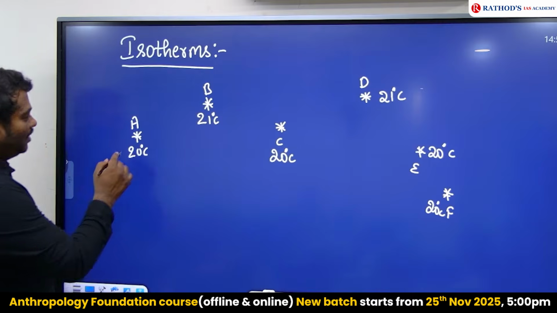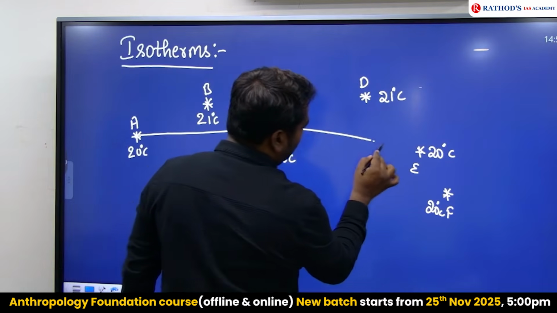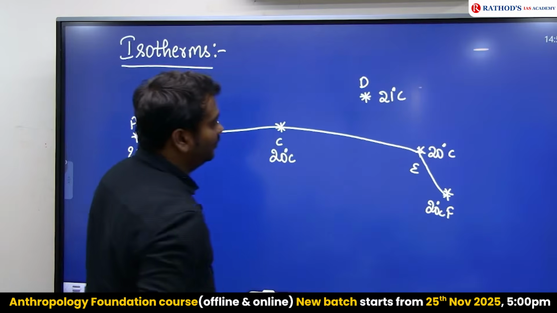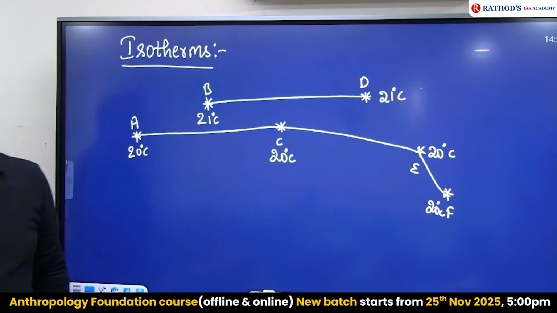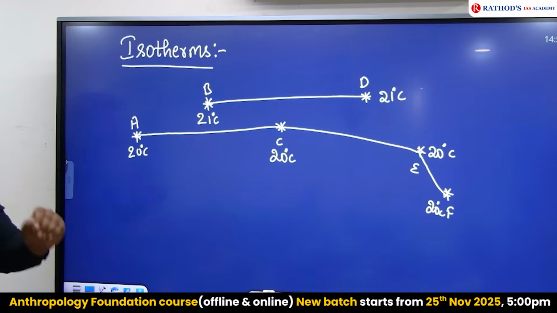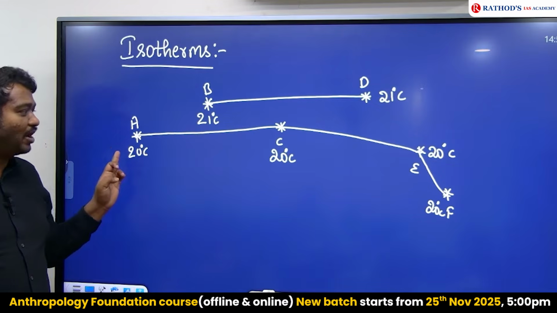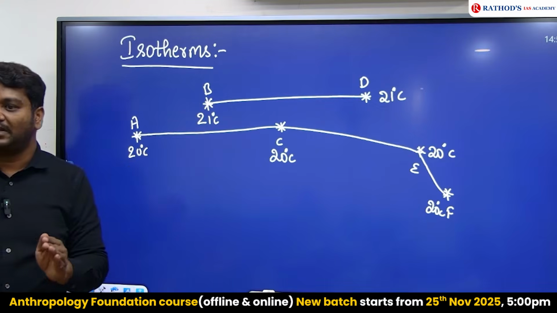Now, if I try to join these places, then they are called isotherms. And what exactly is an isotherm? An imaginary line joining places of the same temperature is called an isotherm.